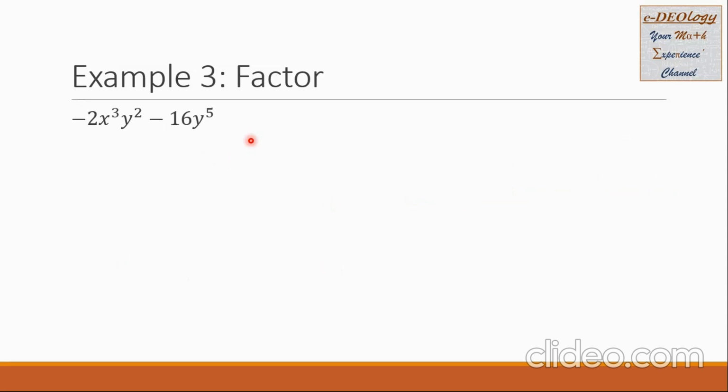Let's have example 3. Factor negative 2x cubed y squared minus 16y raised to 5. We can observe that the terms are not perfect cubes. But remember, let us check for greatest common factor.